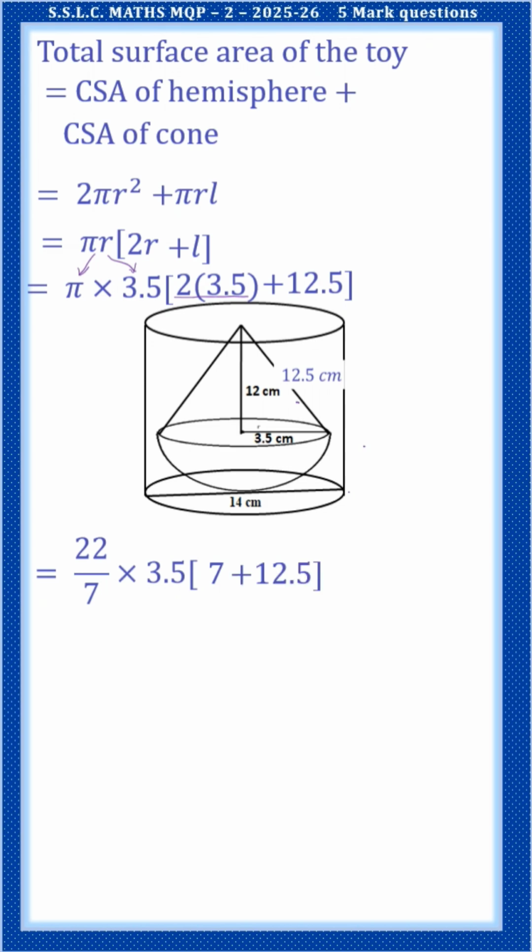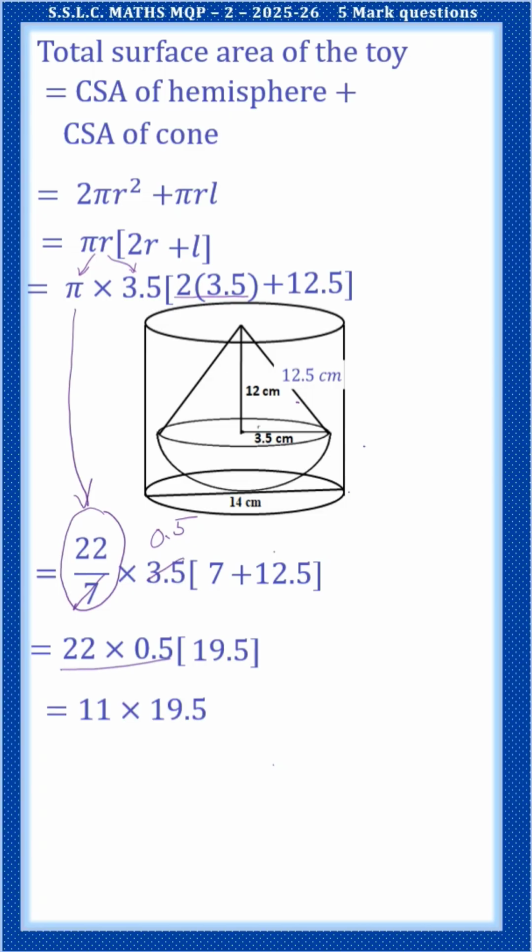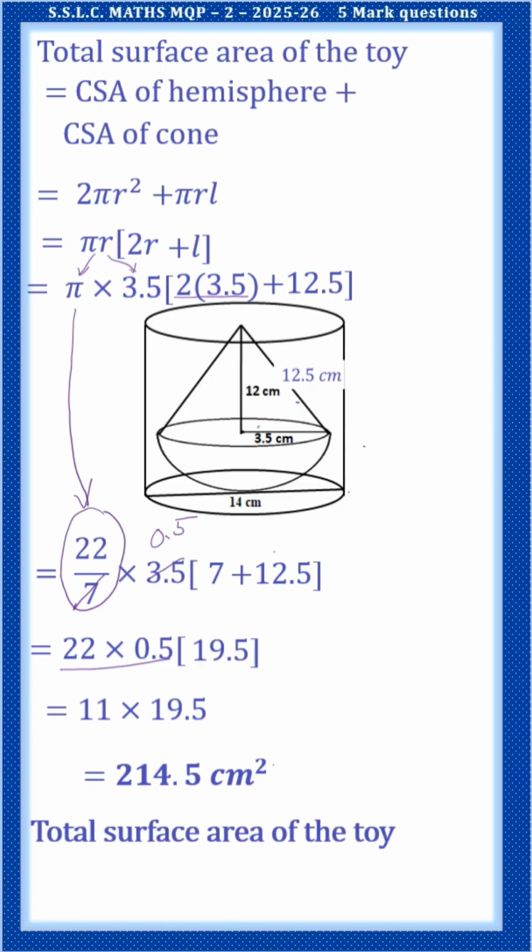Here 7 ones are 7, 0.5 is 0.5. Put pi as 22 by 7. 22 by 7 into 3.5, into 7 plus 12.5, is 19.5. 22 into 0.5, what is it? 11. 11 into 19.5, that is equal to 214.5 centimeter square. So total surface area of the toy is 214.5 centimeter square.